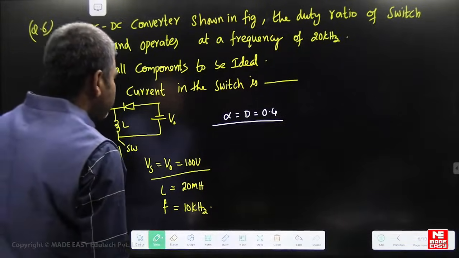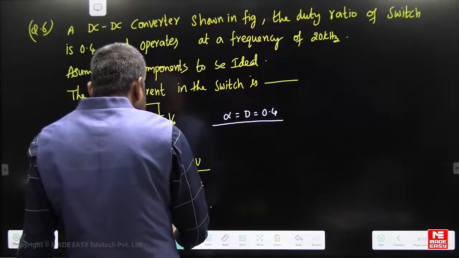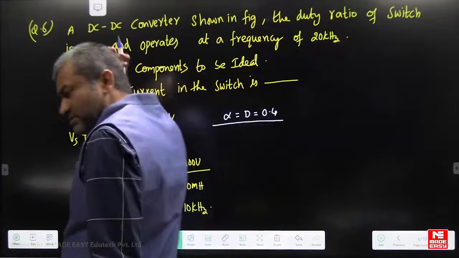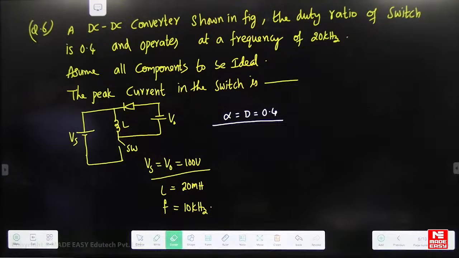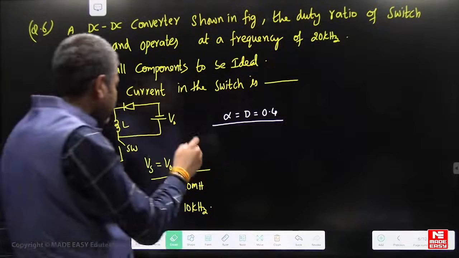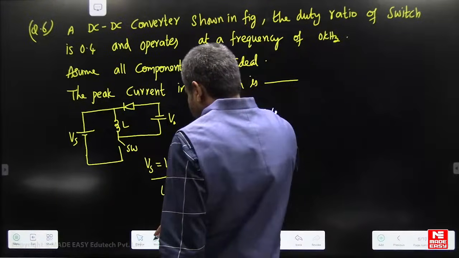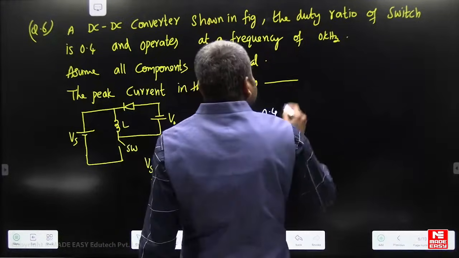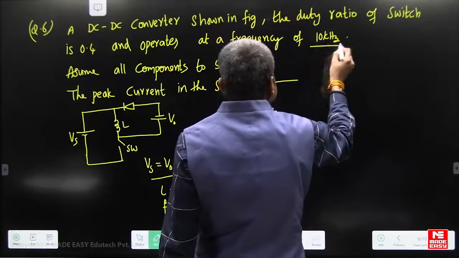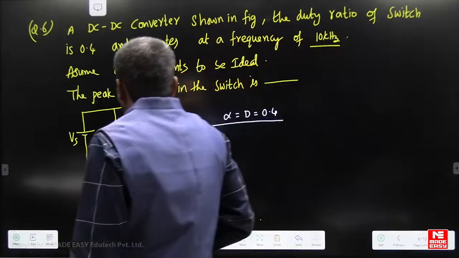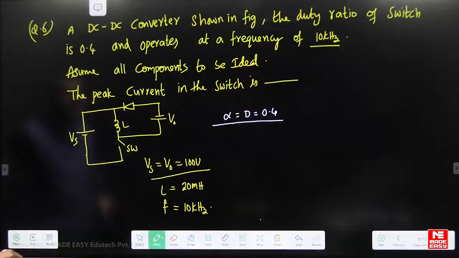A small correction, dear students: take the frequency as 10 kilohertz. Assume all components to be ideal.